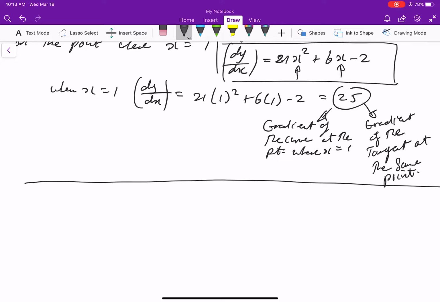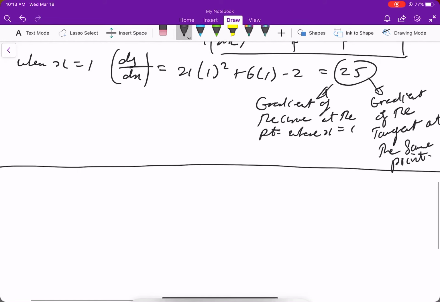Same instructions. Find the gradient of the curve. Let me look at my notes here. Example number 2.